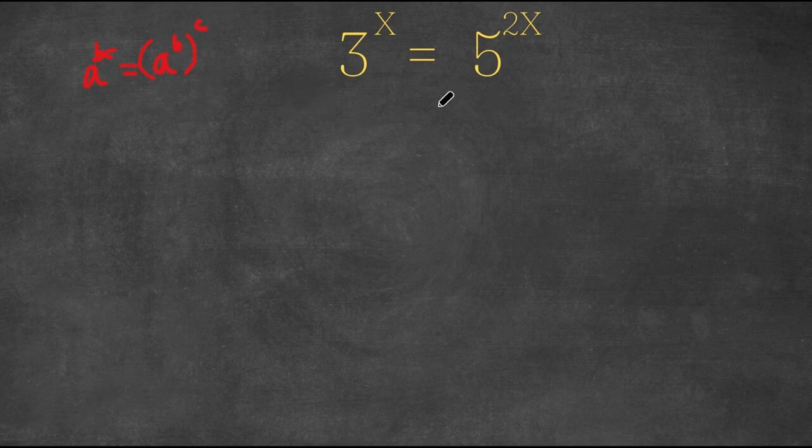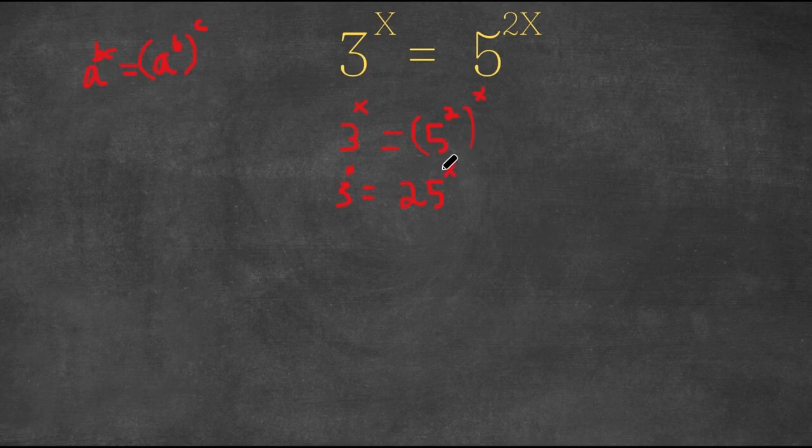So let's first write our 3 to the power of x, and this equals 5 to the power of 2, to the power of x. Now, 5 to the power of 2, as we all know, is 25, right? So this is 3 to the power of x equals 25 to the power of x.